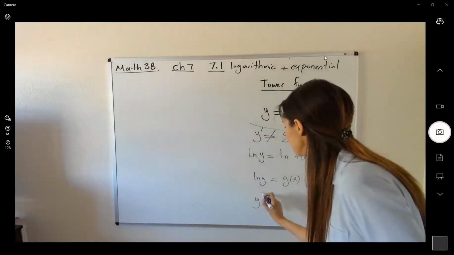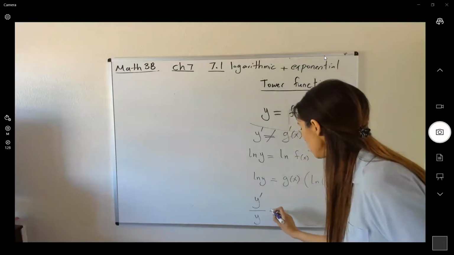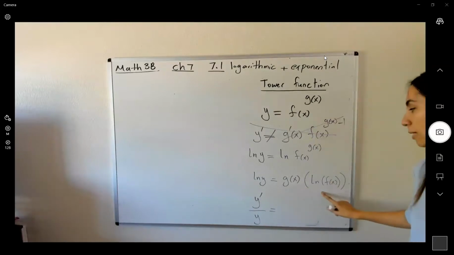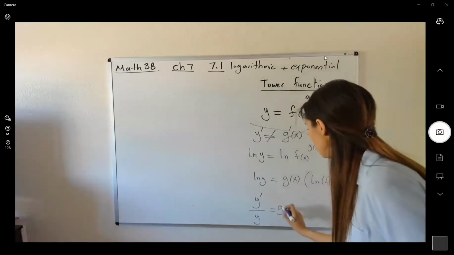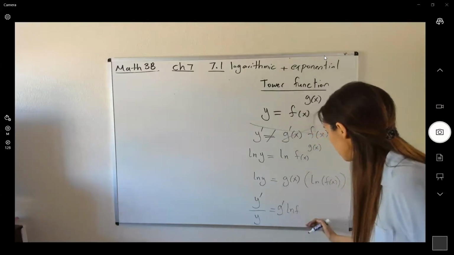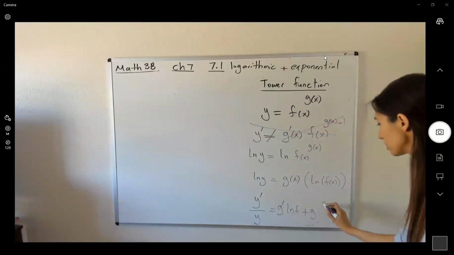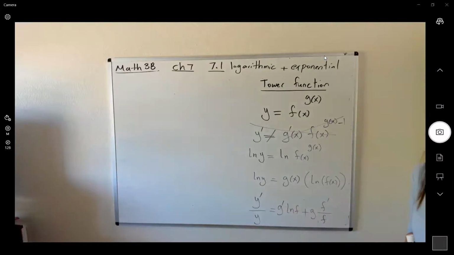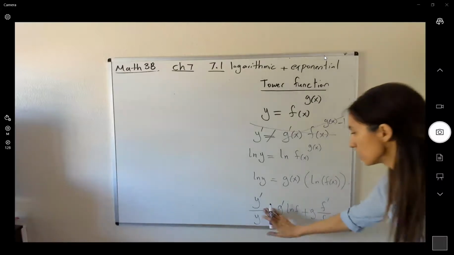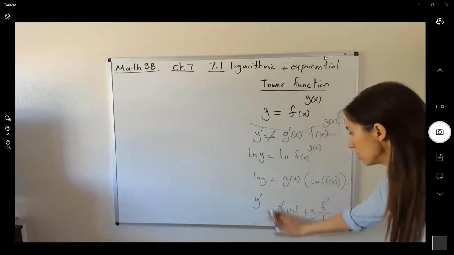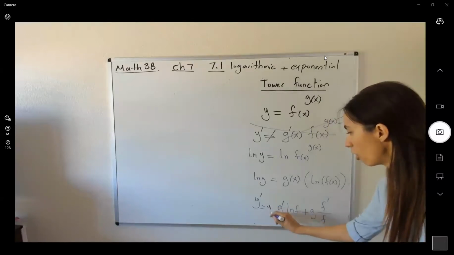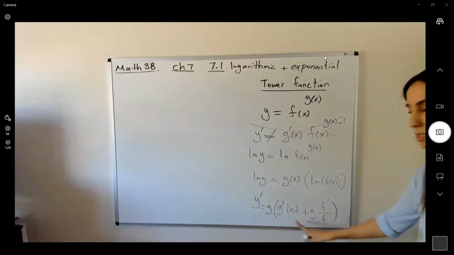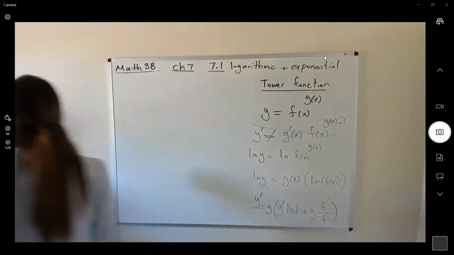You get y prime divided by y equals g prime times ln of f plus g times f prime over f, applying the product rule. Then you multiply both sides by y, and the derivative of the function is equal to y, which is your tower function, times the derivative using the product rule.